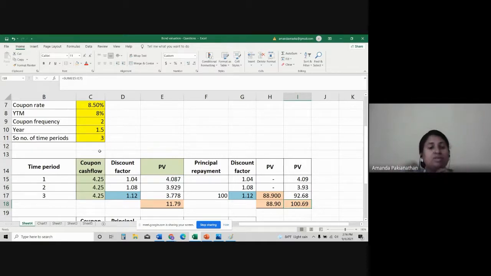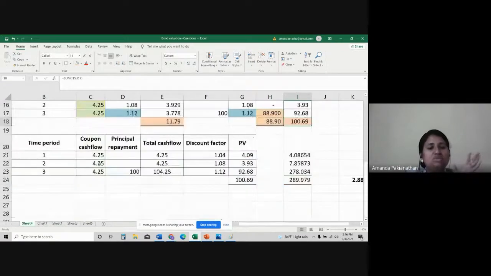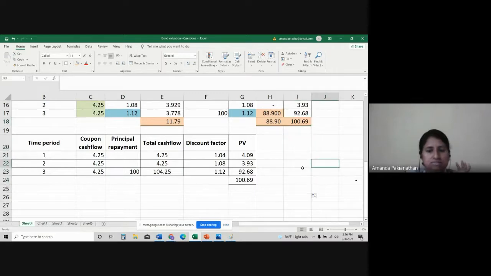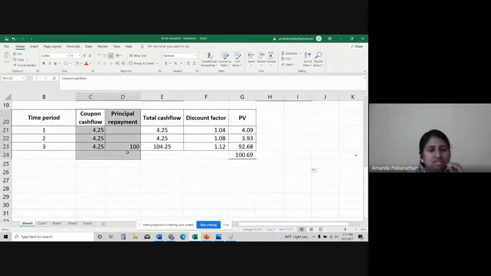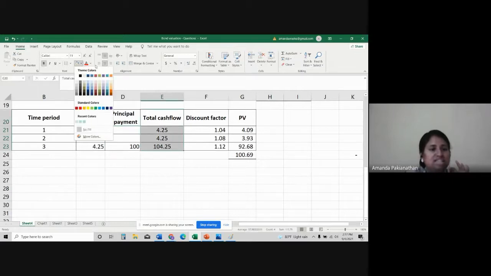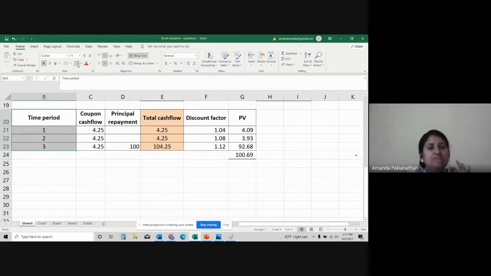Okay. Now, if you are a student who can handle these calculations on your own, one way that you could simplify your technique is to get the cash flow sorted first, get the amount of the coupon, get the amount of principal, and first get the total cash flow for each period.